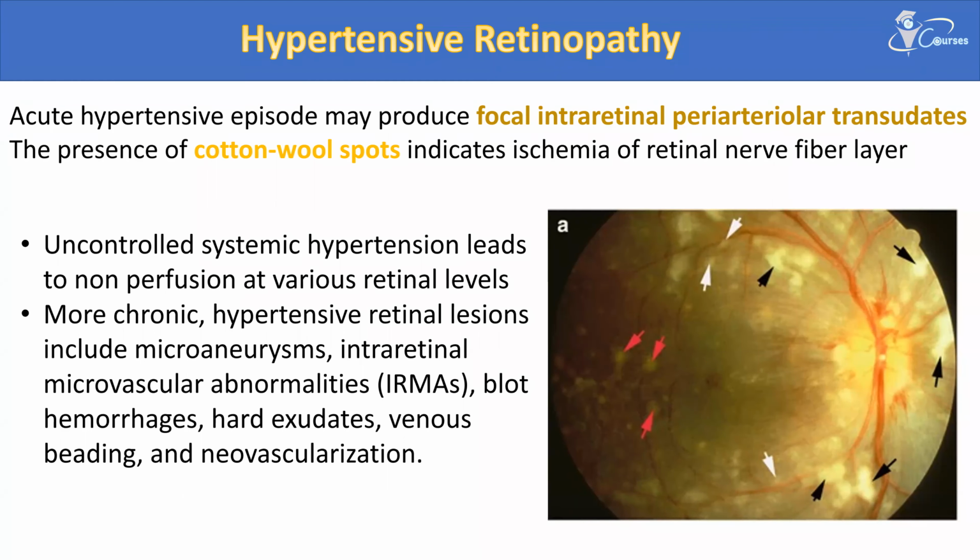Most of them will have the same manifestations, like microaneurysms, hemorrhages, cotton wool spots or hard exudates. By the way, cotton wool spots are sometimes referred to as soft exudates. Venous beading and intraretinal microvascular abnormalities are signs of ischemia. And the management, of course, will be control of the blood pressure.